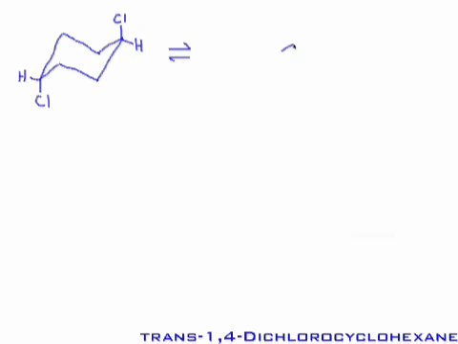But if we ring flip this, this chlorine here that was axial becomes equatorial. And this chlorine right here that was axial becomes equatorial. Where's my H?